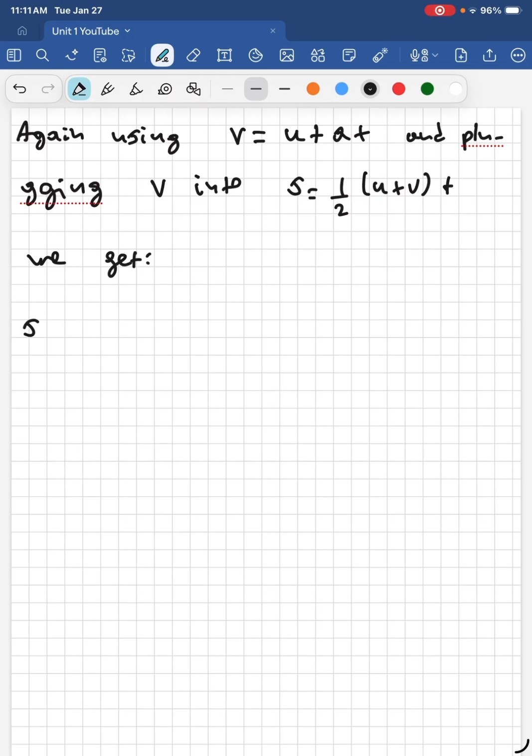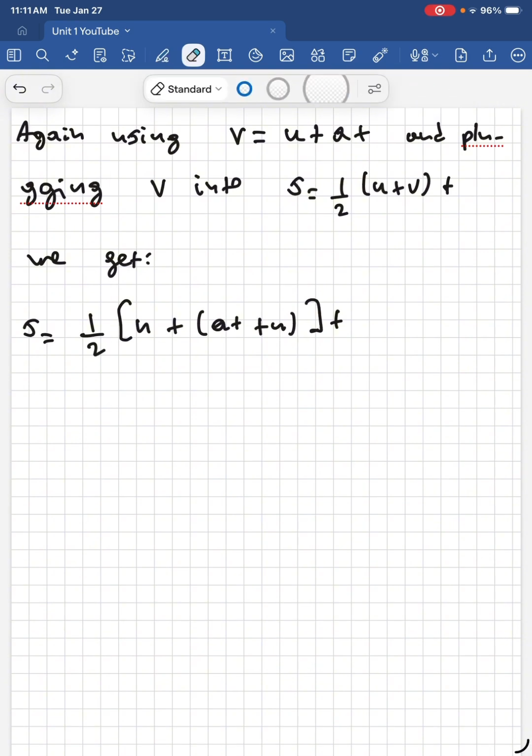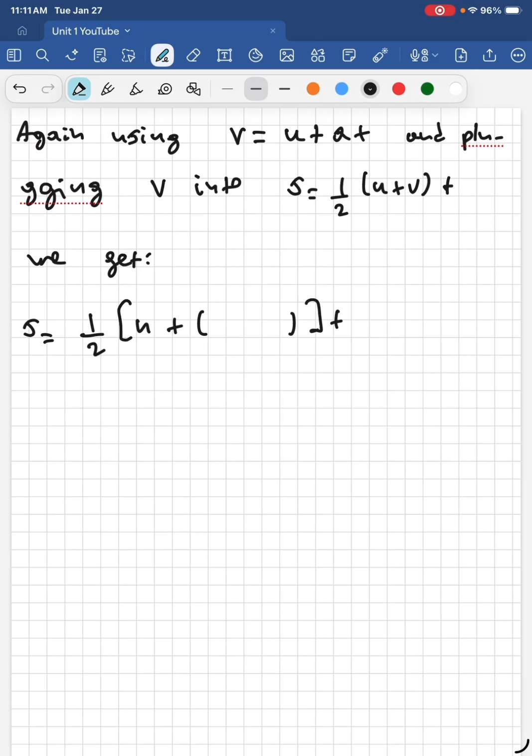s is 1/2 (u plus at plus u) times t, and my handwriting is incomprehensible, so let me write it again. So (u plus at plus u) times t, and then we just have to do the algebra.